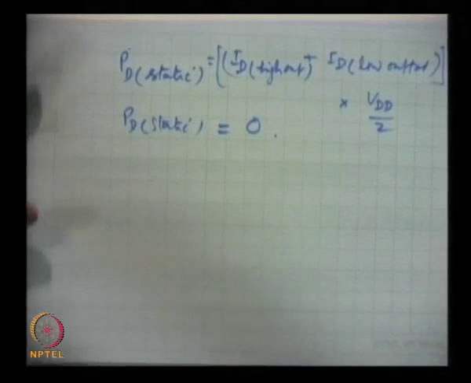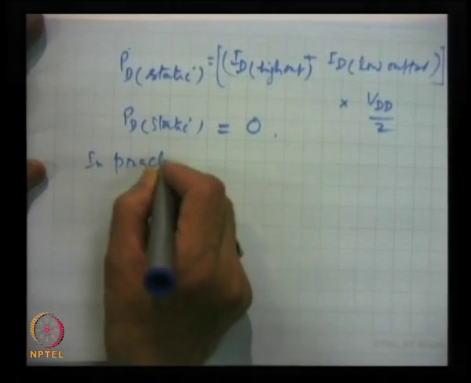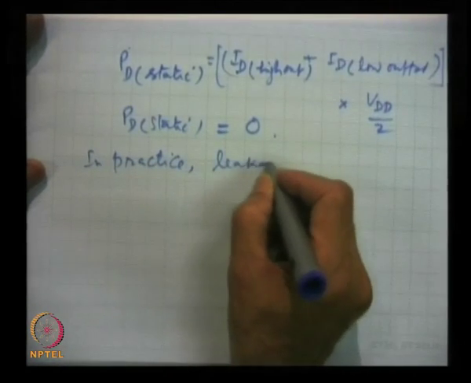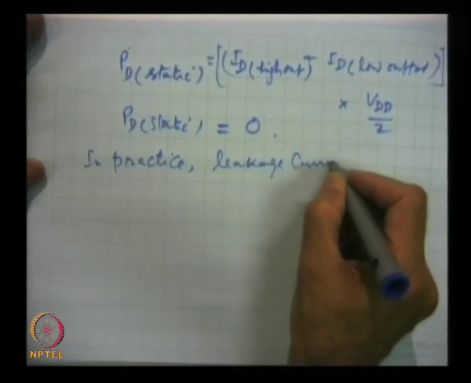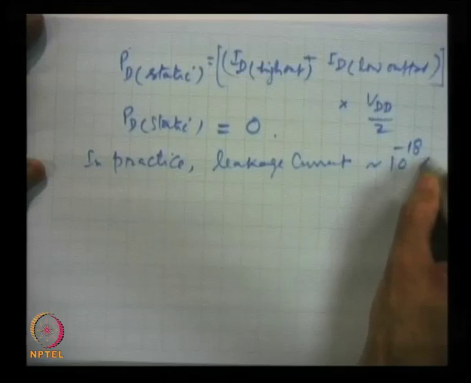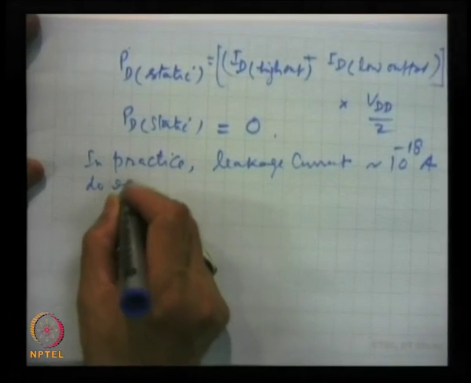But in practice there are leakage currents of the order of 10 to power minus 18 amperes, very small currents, they do exist.